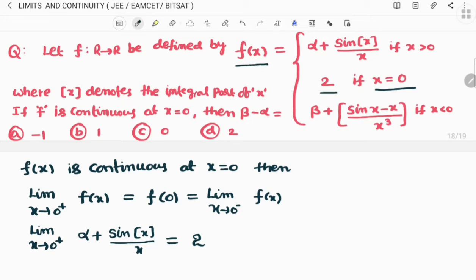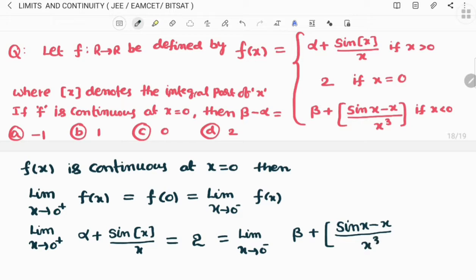I hope everyone understands. Which is equal to limit x tends to 0 minus, x is less than 0, f of x value is beta plus sin x minus x by x cube.